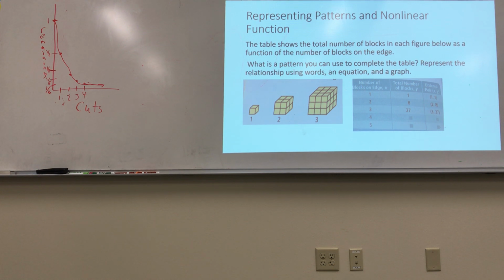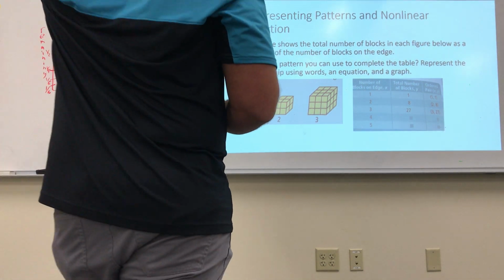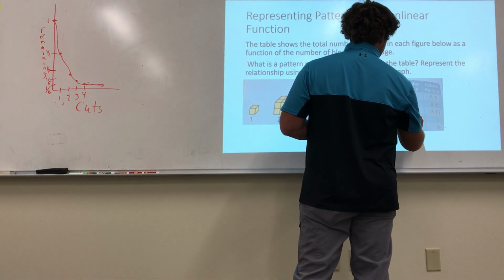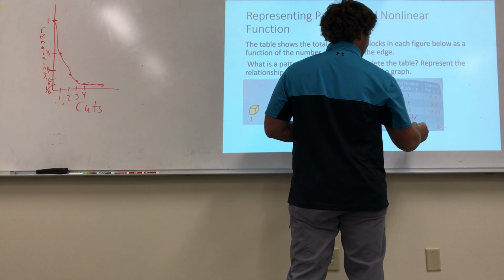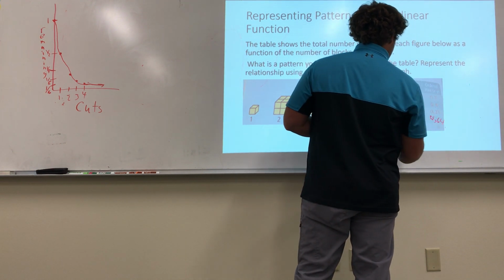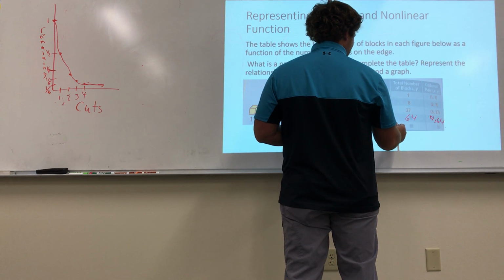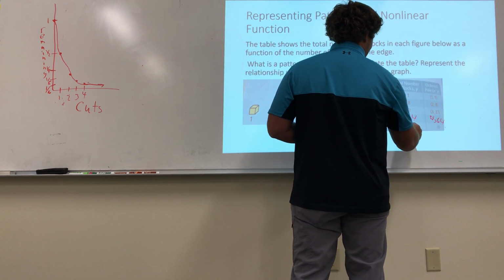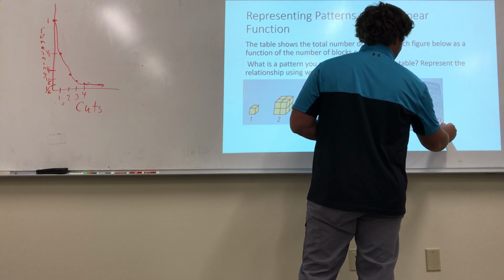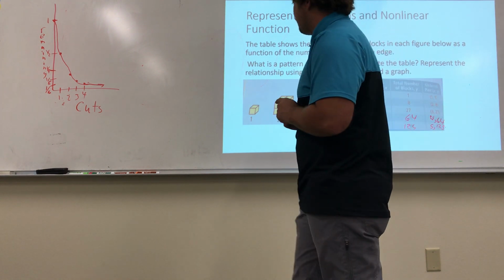That's what I'm seeing. So, on 4 here, 4 cubed would be 4 times 4 is 16, times another 4 is 64. So that would be 4 and 64. 5 would be 5 times 5, which is 25, times another 5, which is 125. So that would be 5 and 125. So I completed the chart.